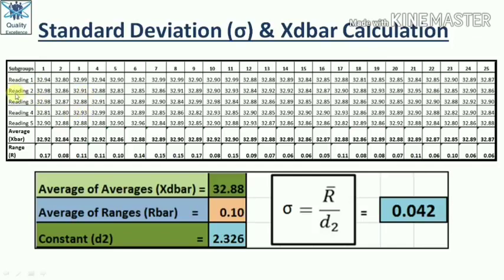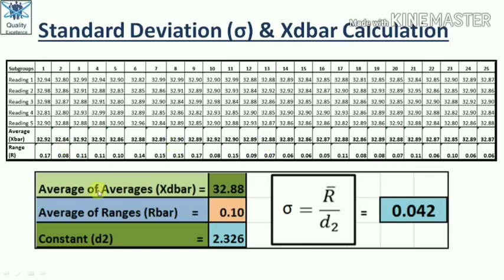These are the averages of all 25 subgroups, and this is the range. Range means the maximum of these 5 readings minus the minimum of these 5 readings. So this is the range of this particular subgroup. Likewise, there are 25 ranges, one for each subgroup.